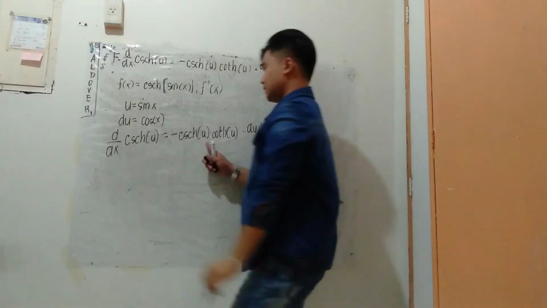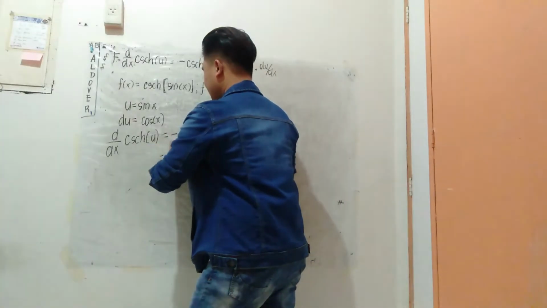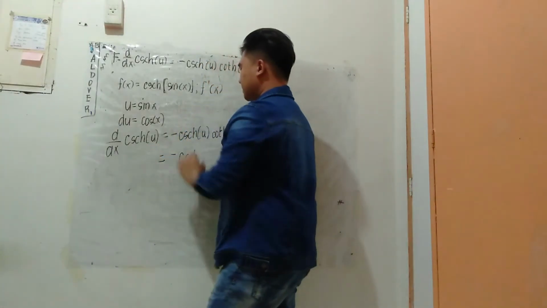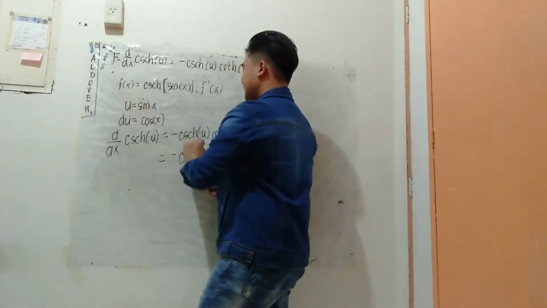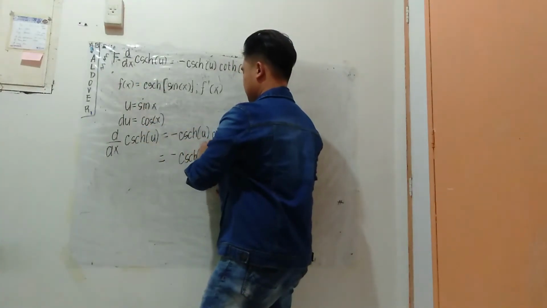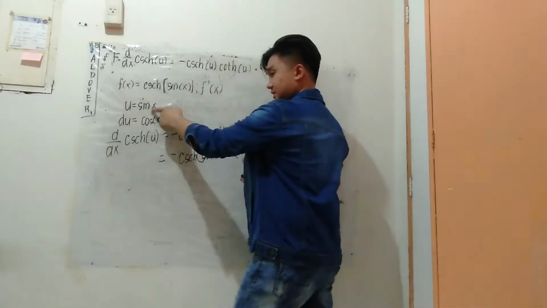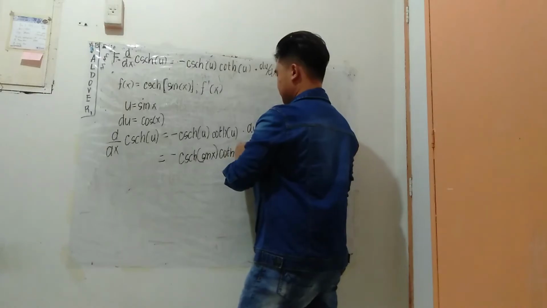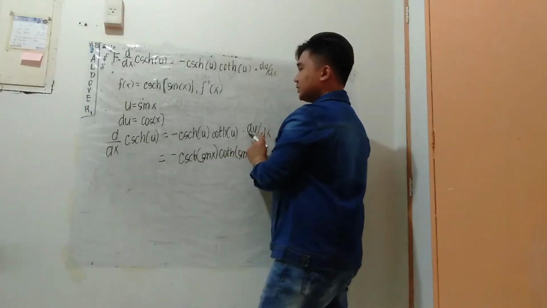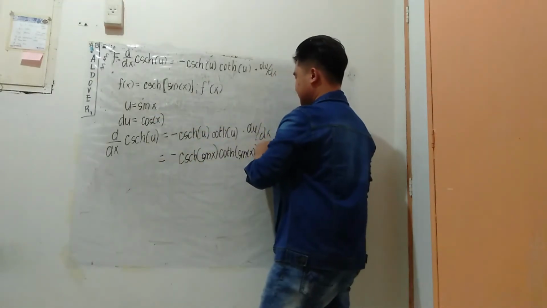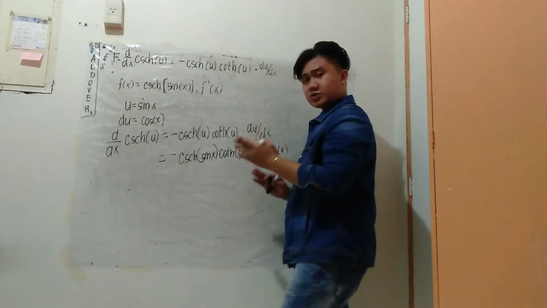Okay? So, that's negative hyperbolic cosecant. What is u? Sin x. Hyperbolic cotangent, u is sin x. Times du dx, which is cosine x. Rearrange ko lang po.